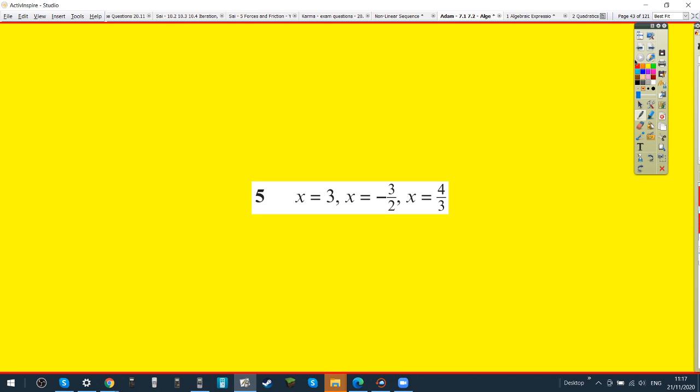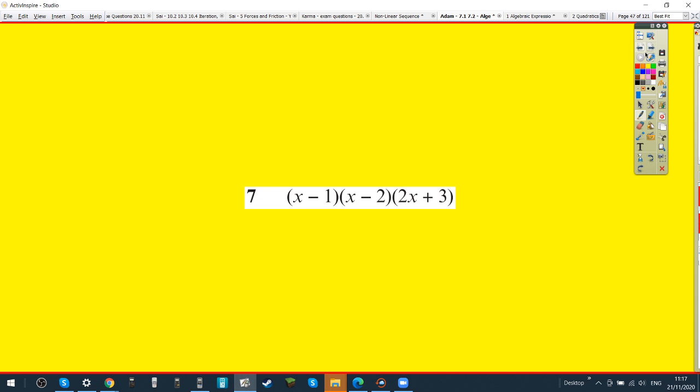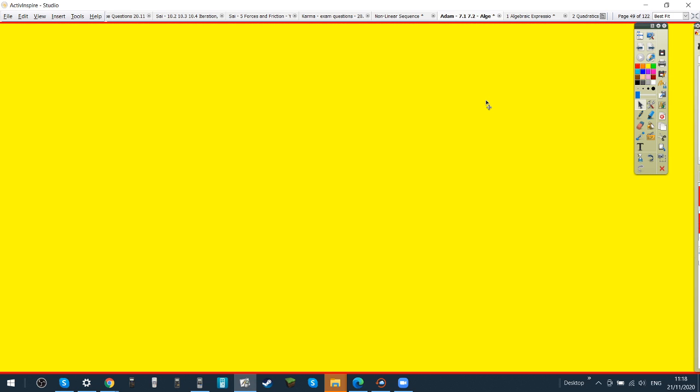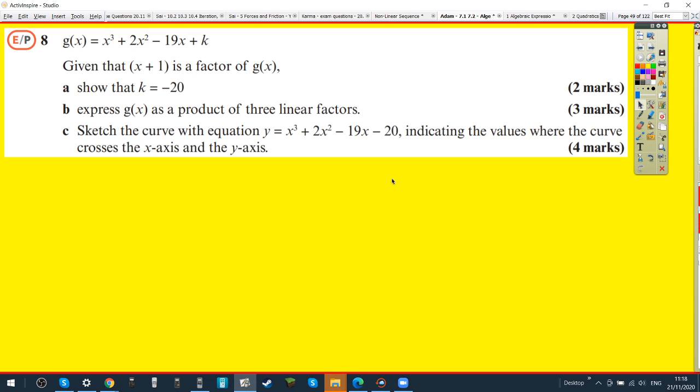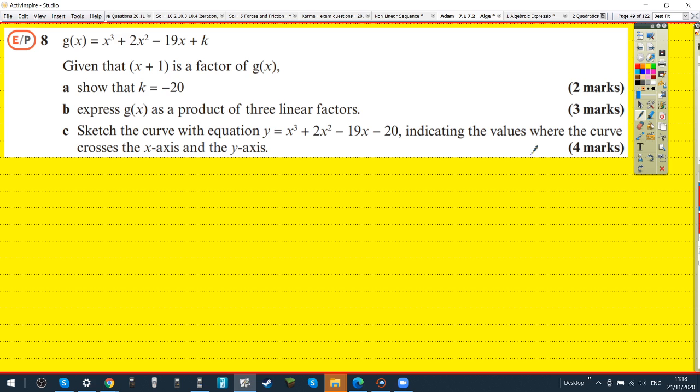Find all the solutions. Yes. Let's try part B and C. So could you just sub x cubed plus 2x squared minus 19x minus 20 into the calculator?